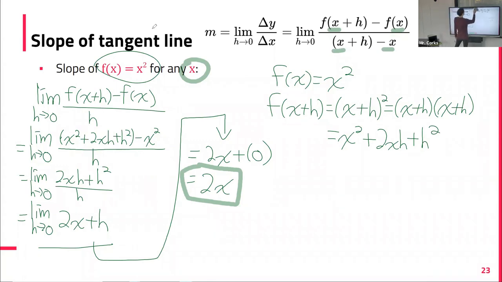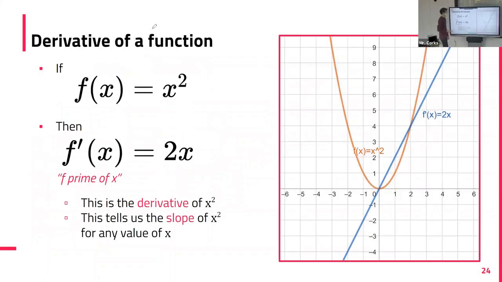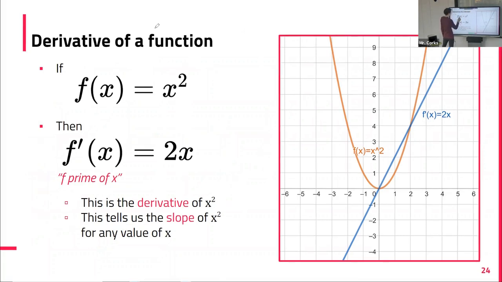Okay, so that thing that we made, that 2x, that is called a derivative. So our f of x equals x squared is our original function, and the derivative of that is 2x.